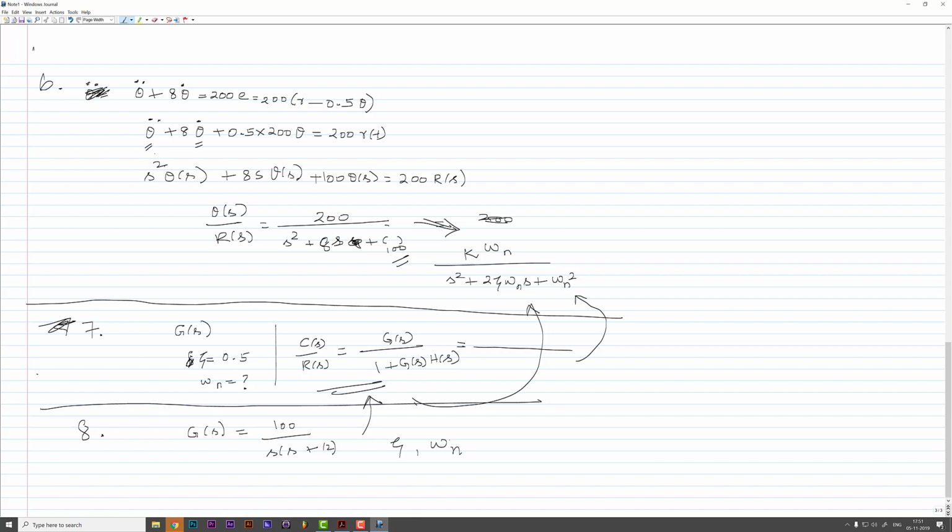Once you find zeta and omega n, you can find all specifications like TR, TP, MP, TS, TD, all these things. That's also a straight problem.